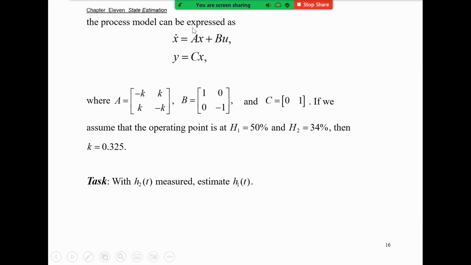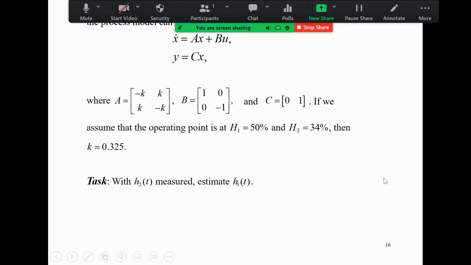So therefore, we have a standard linear system, A, B, C. And C is [0, 1], because we only know the water level of the second tank. So we only have the information about the output.